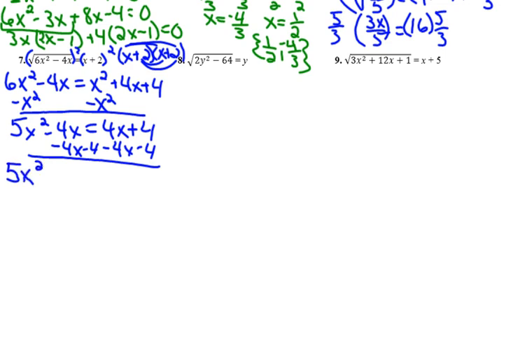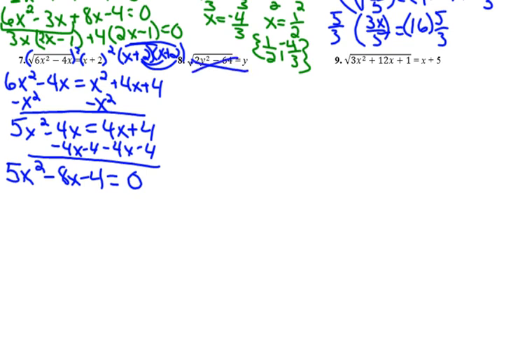So 5x squared minus 8x minus 4 equal to 0. When there's an x squared, I have to either factor, complete the square, or use the quadratic formula. I prefer factoring. I'm going to look to see, is there a greatest common factor I can pull out? There is not. Then I'm going to look to see, is this a leading coefficient of 1? It is not. So I have to find factors of 20.